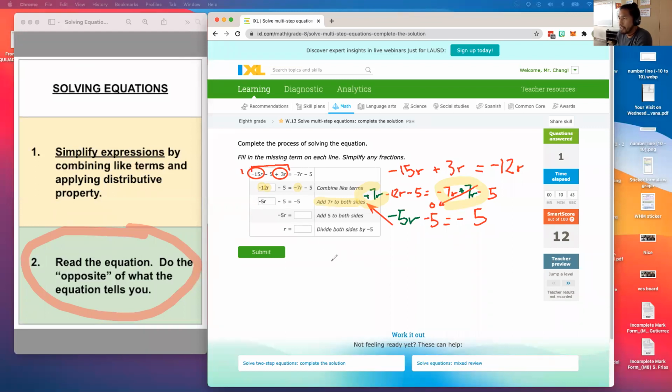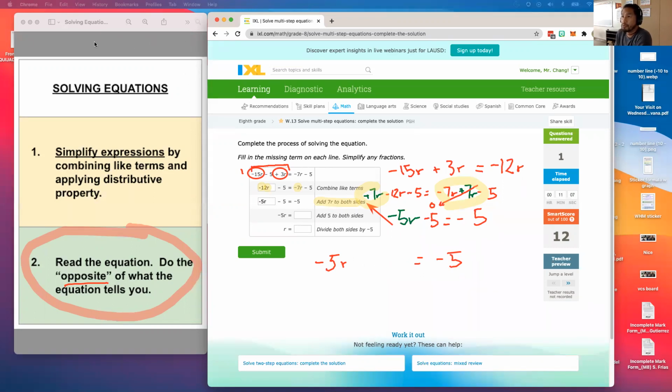And now we have negative 5r. Now let me write this one more time. Negative 5r minus 5 equals negative 5. And we're just going to do the opposite of what this equation tells us to do. You should notice that we have minus 5 right there.